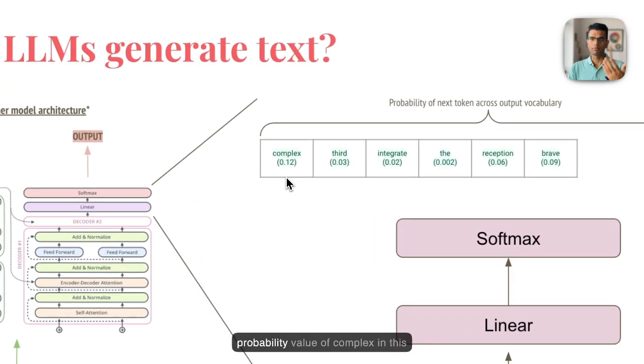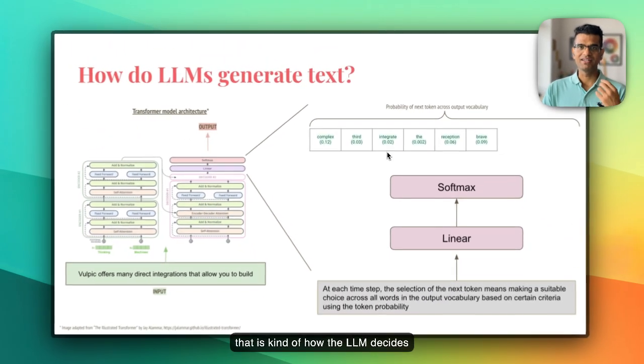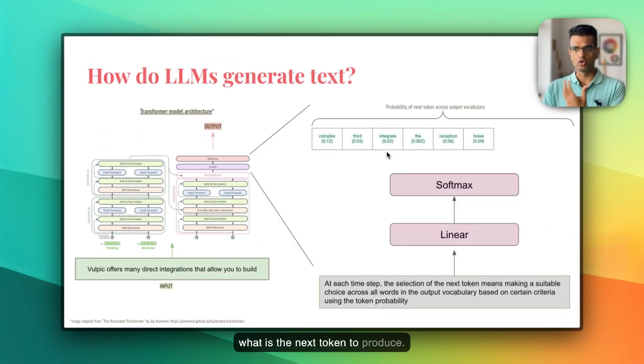For instance, the probability value of complex in this case is 0.12, whereas the probability value of integrate is 0.02. That means that complex has a higher probability value than integrate at this time step, which means that it is more likely that the word complex is going to be picked as the token completion or as the generated text compared to the word integrate. So that is how the LLM decides what is the next token to produce.